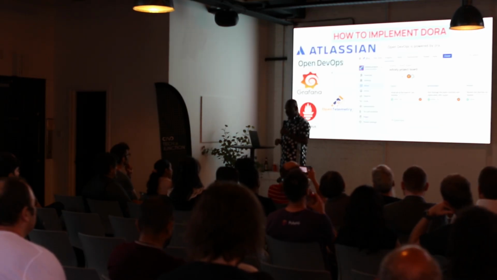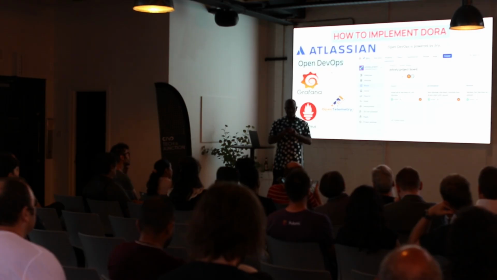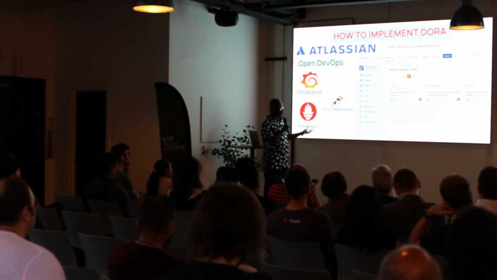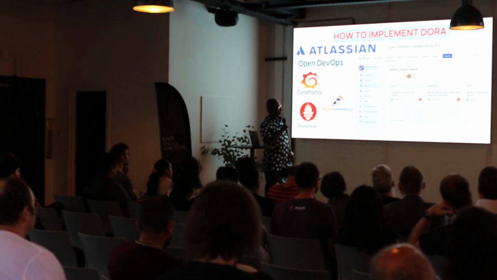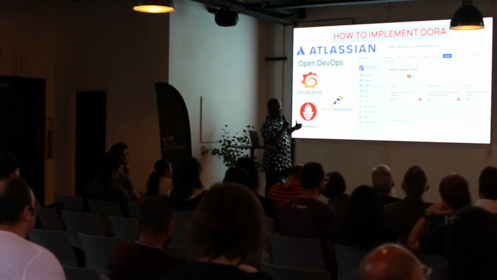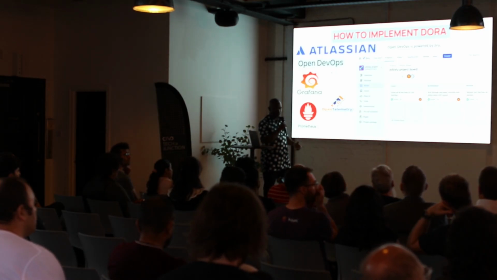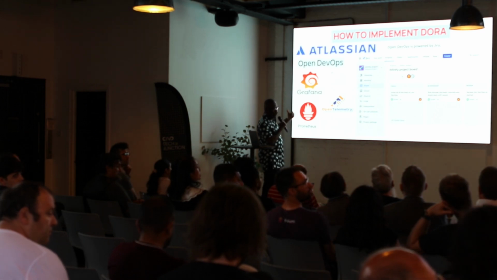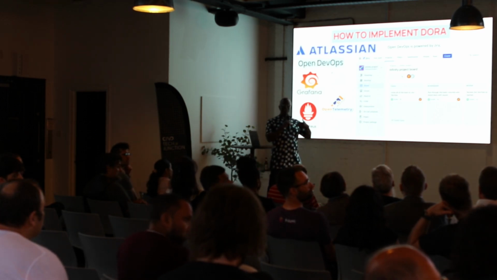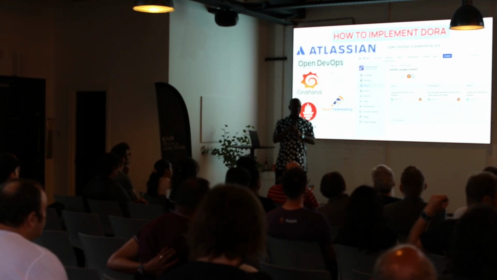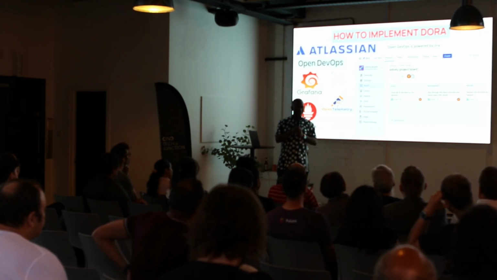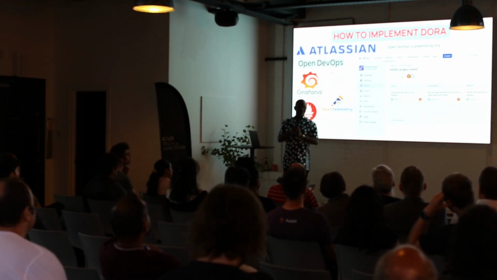So how do you implement DORA? We've talked about DORA and what it does, but in essence, we use tools, right? So one of those tools is Open DevOps. Anyone used Open DevOps at all here, right? Yeah. Open DevOps, okay.